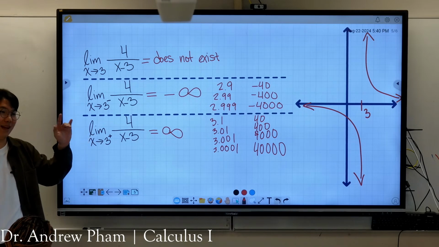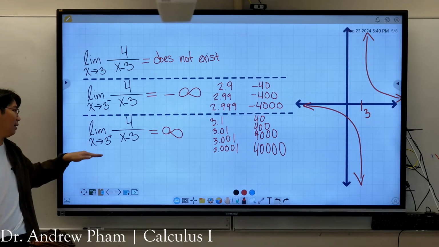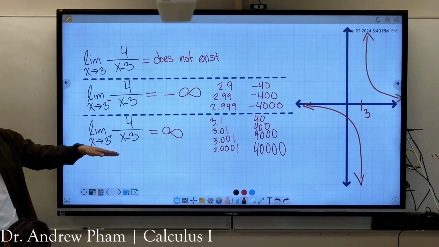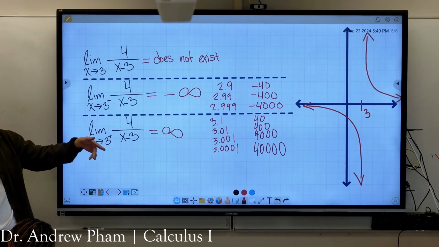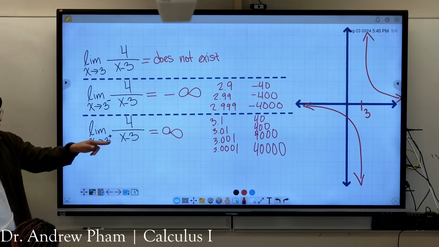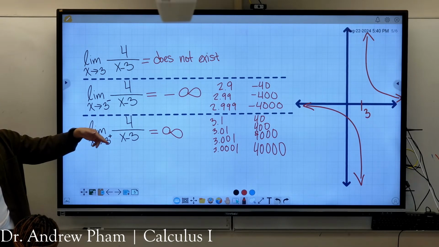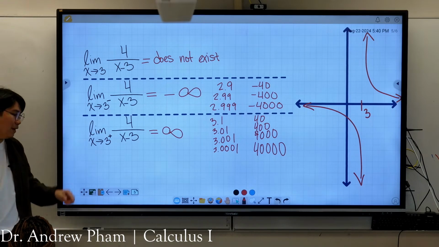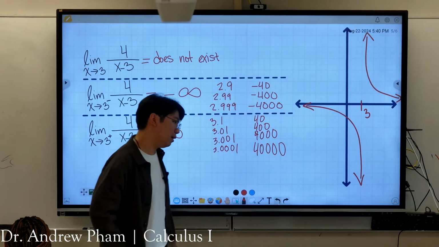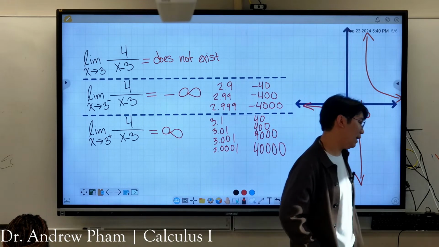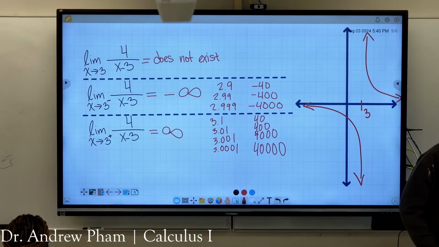Let's see if I can do that same analysis here. I can try to plug in 3. I get 4 divided by 0, red flag. I know my answer is infinity or negative infinity. The question now is, which one is it? We take a look at the top and the bottom. On the top, 4, again, positive. On the bottom, if I take a number bigger than 3 and subtract 3, do I get a positive or a negative number?